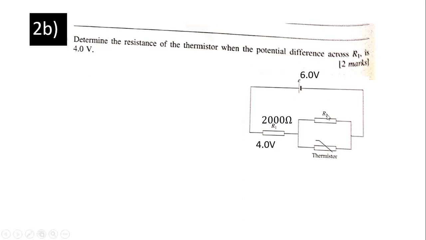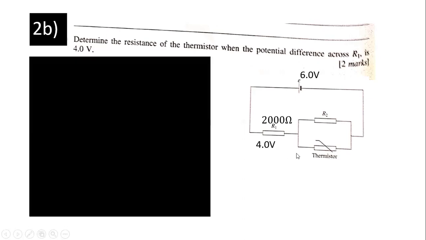The thermistor is unknown. R2 you know already, R2 is given. You use the potential divider formula because you consider these two as combined.